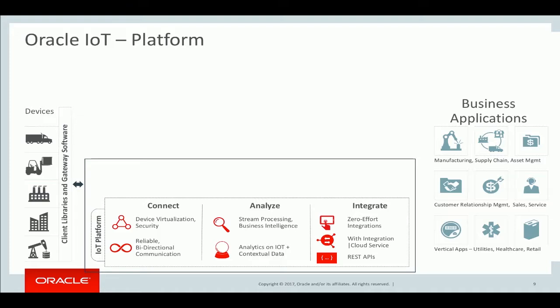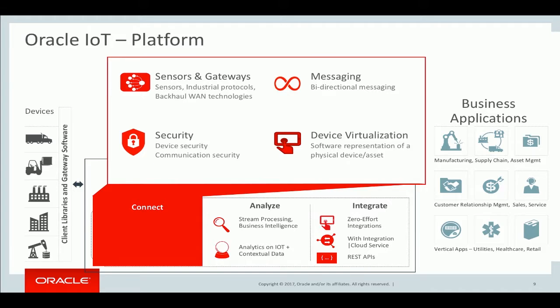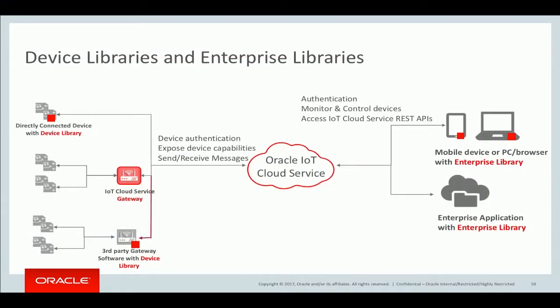So what we did was we came up with a set of client libraries, which you can use for your devices. We are working with several OEMs to have these client libraries integrated as part of your devices.